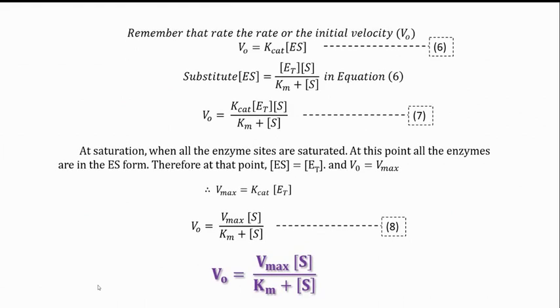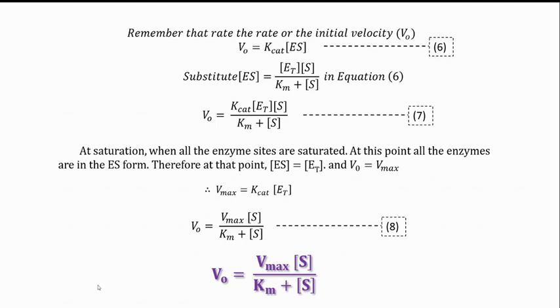Now, like we said earlier, remember that the initial velocity VO is equal to Kcat multiplying ES. So we are going to substitute ES, and you end up with equation 7, where you have that VO is equal to Kcat multiplying total enzyme multiplying substrate concentration, all divided by Km plus substrate concentration.